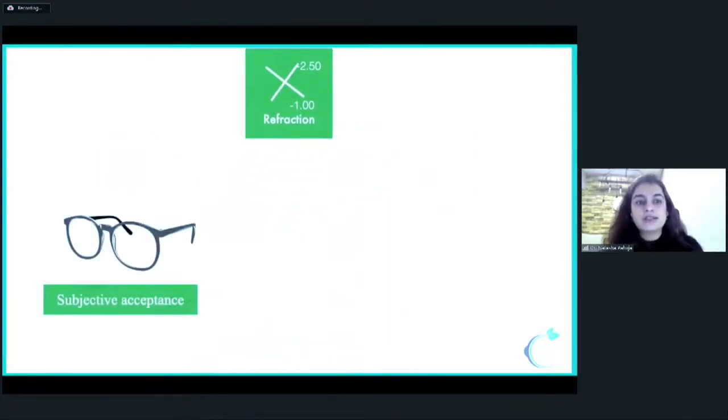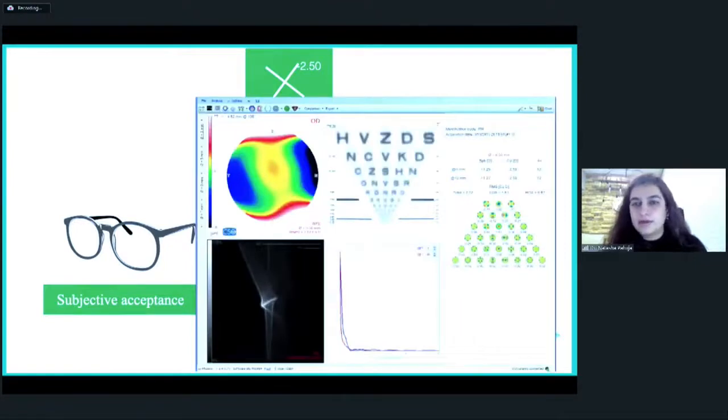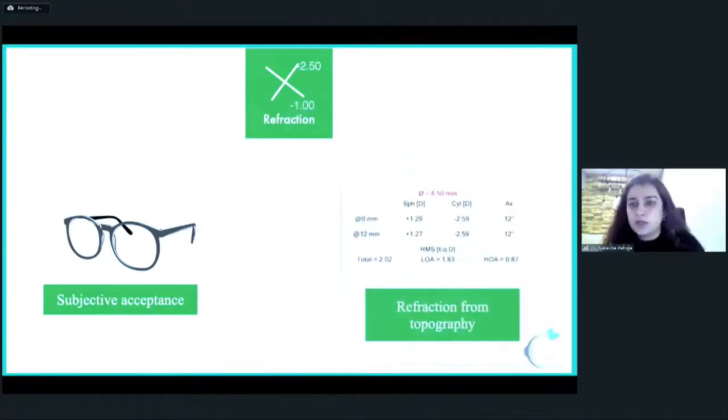Refraction: most important is a subjective acceptance. Like Dr. Goel said, you have to refract these patients yourself. What I essentially do is ask two of my other senior optometrists to also do the refraction, and we verify our results amongst each other before the patient is taken up for refractive correction. Most importantly, I also compare with the refraction that I get from the topography machine.